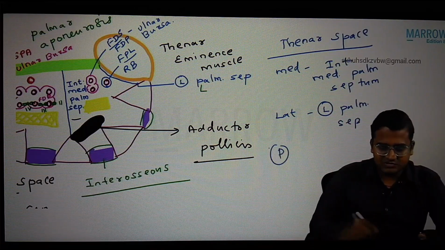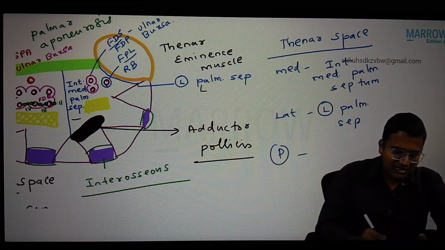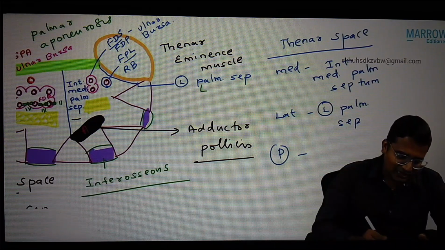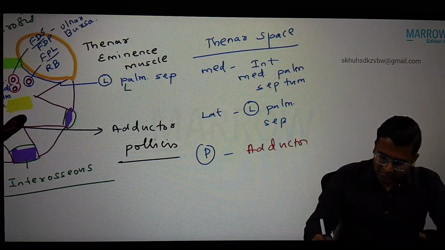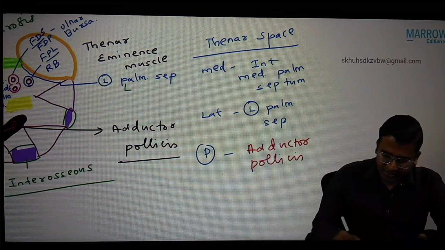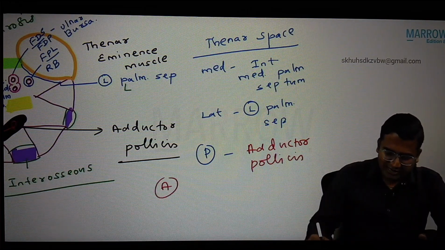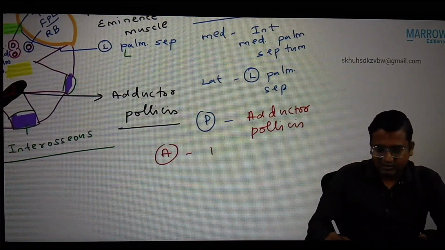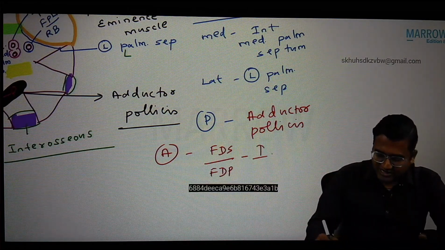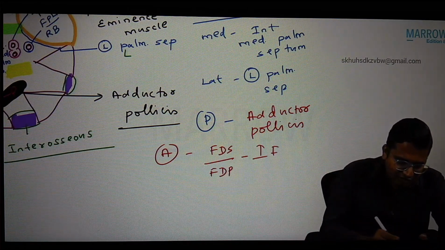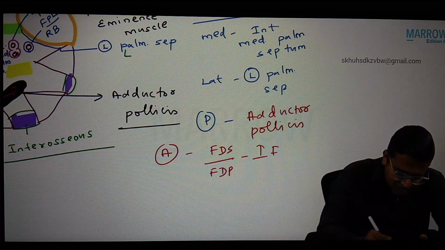Posteriorly we have one muscle. Which muscle? This muscle. What is that? Adductor pollicis muscle. Anteriorly, what do we have? Anteriorly, we have the FDS tendon and FDP tendon to the index finger, and we also see the first lumbricals.